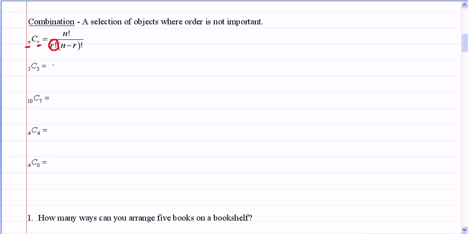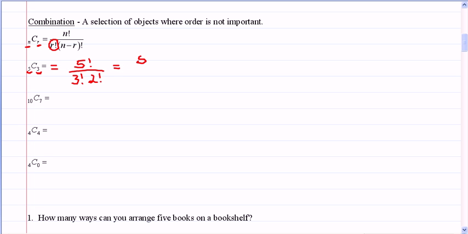So going right to an example, 5C3, I start with my n, which is 5. So I have 5 factorial, and I divide it by r factorial, which is 3, and then I multiply it by the difference between those two numbers, which is 2 factorial.